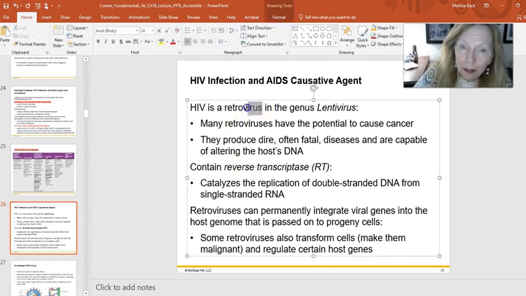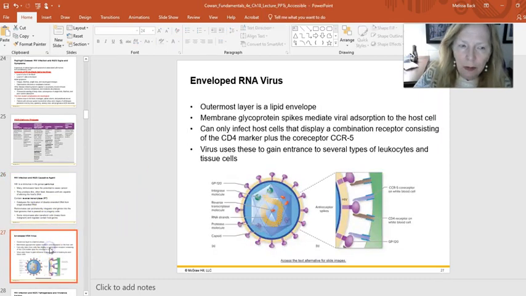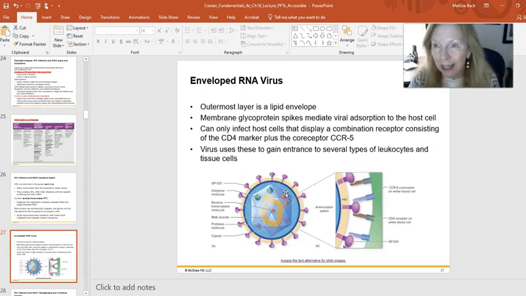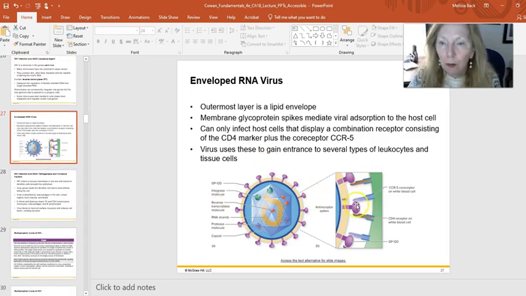This is a virus. It's a retrovirus, so human immunodeficiency virus. You should understand that. And the treatments are typically going to be targeting a couple of different ways the virus attacks. Some of the treatments are actually going to involve preventing the attachment of the virus to the cells, so trying to interrupt that.